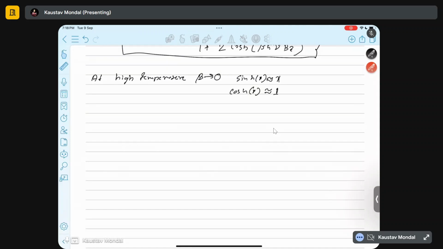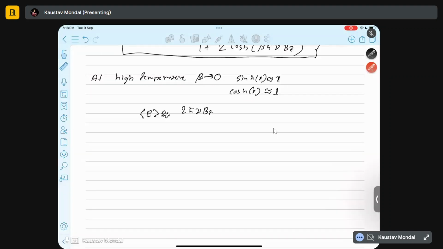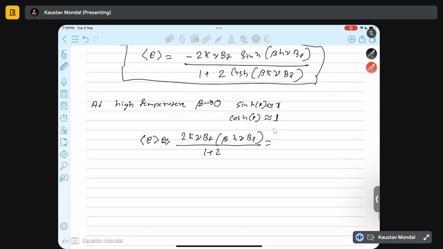If this is the case for high temperature, then the average energy would become simply 2 h cut nu Bz into beta h cut nu Bz, and this whole thing is divided by 1 plus 2, because cos hyperbolic x tends to 1.